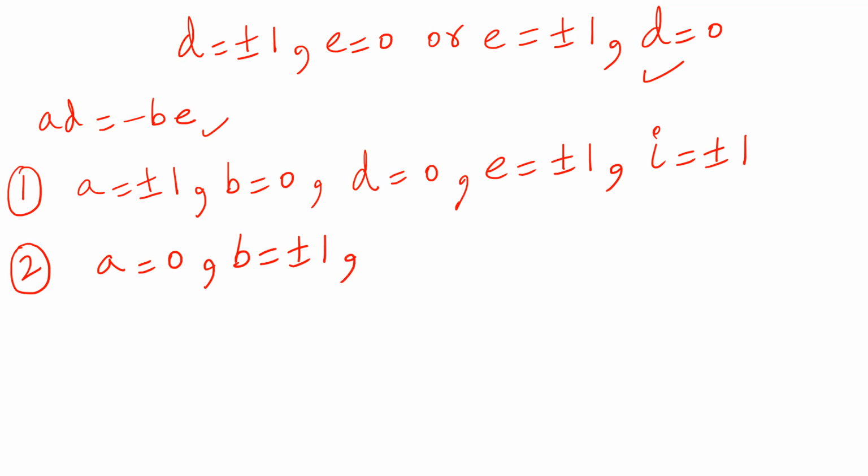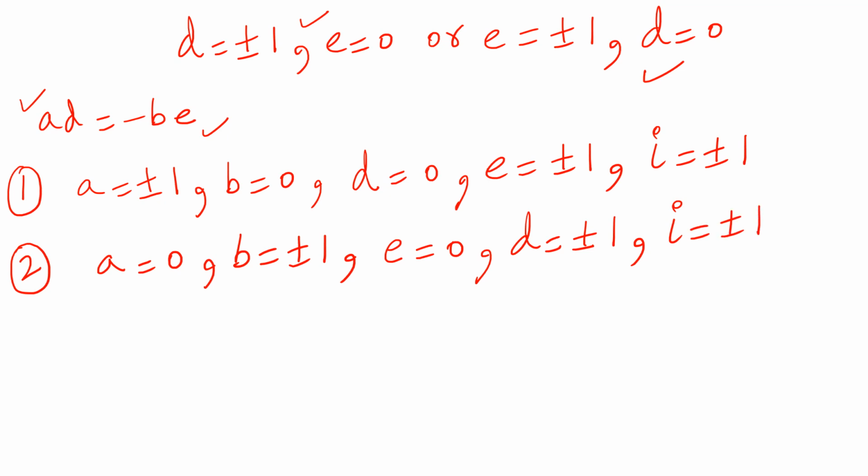Now if I put A equal to 0 in this condition, then I get the value of BE equal to 0. Now since B equal to plus minus 1, then it means E must be equal to 0. And as per this condition, if E equal to 0, then the value of D must be equal to plus minus 1. And again, the value of I is equal to plus minus 1.